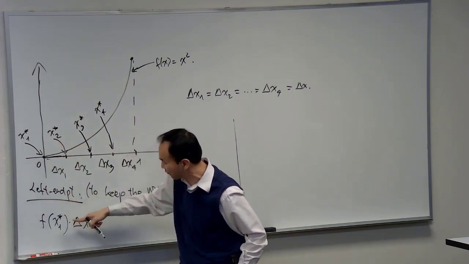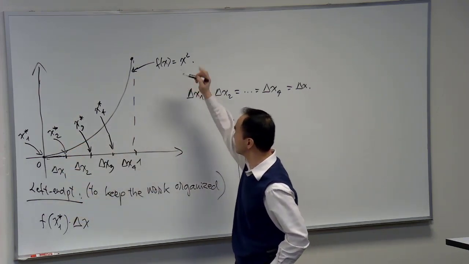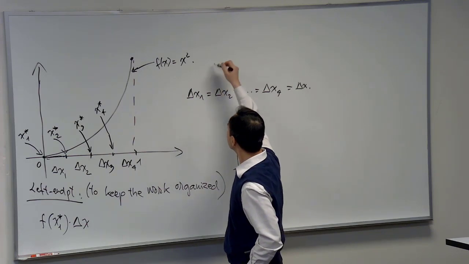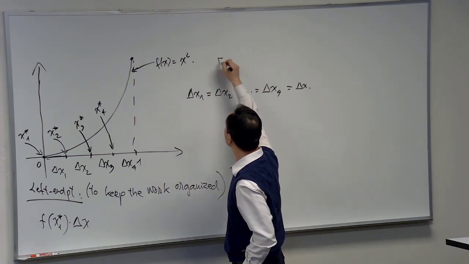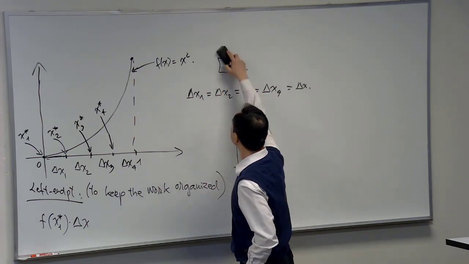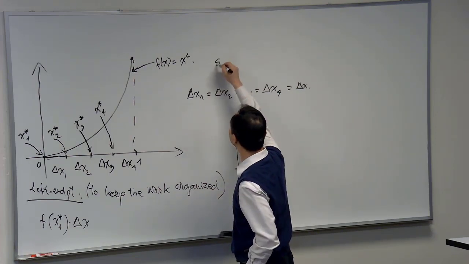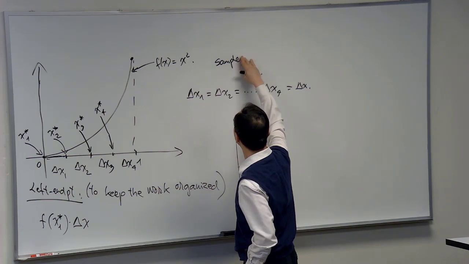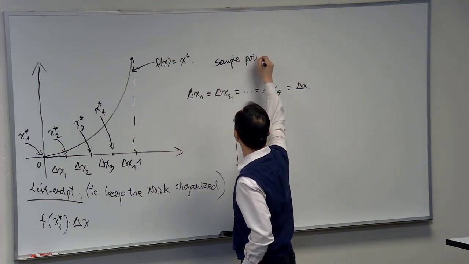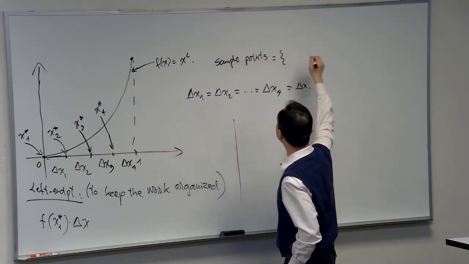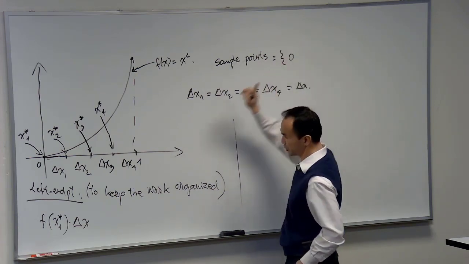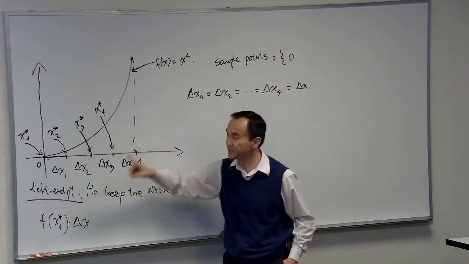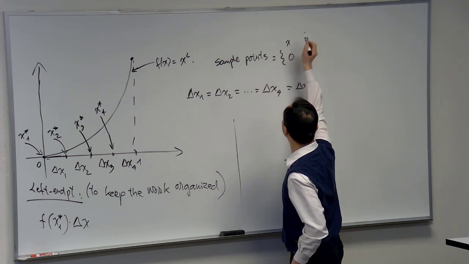And for this particular problem, your sample points are going to have to be separated. The first one is 0 because we're choosing the left-hand point. So for the first one right here, it has to be 0. So x star 1 is 0.